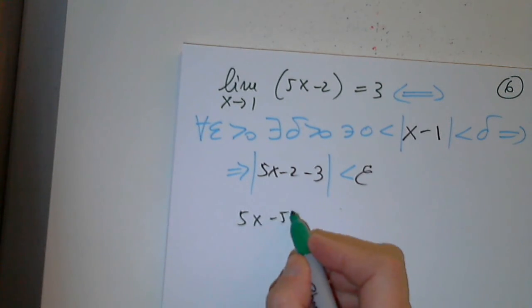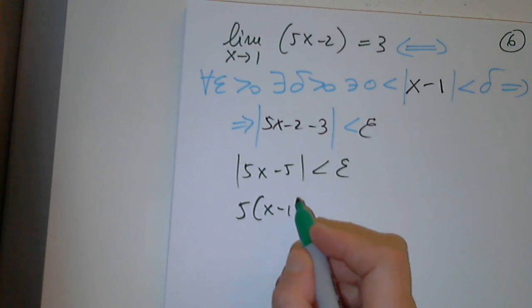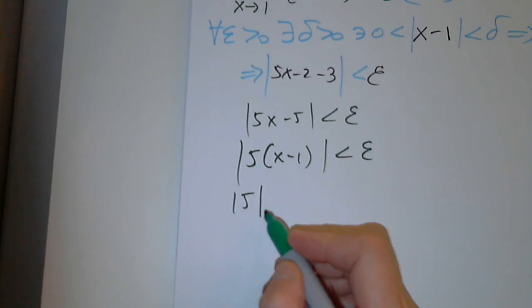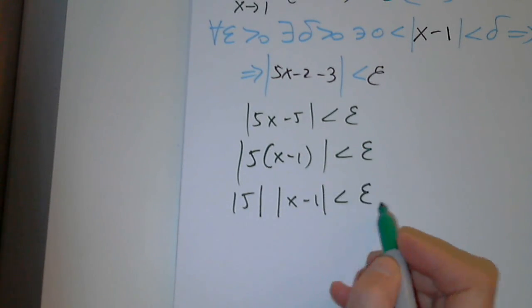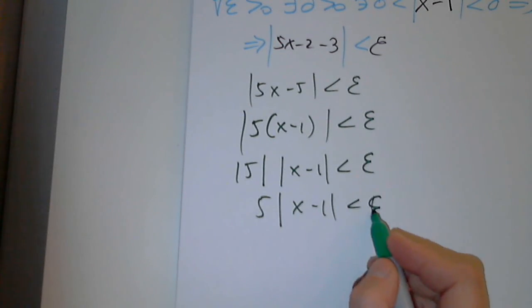So this is the absolute value of 5x minus 5 less than epsilon. The only thing we can do is factor out 5. And then this is the absolute value of 5 times the absolute value of x minus 1 less than epsilon.